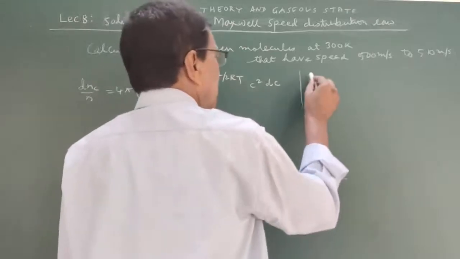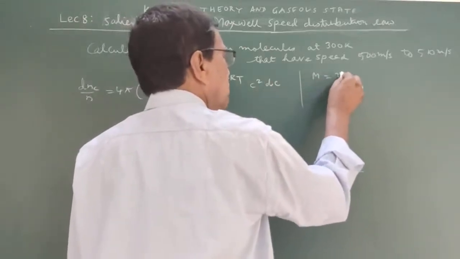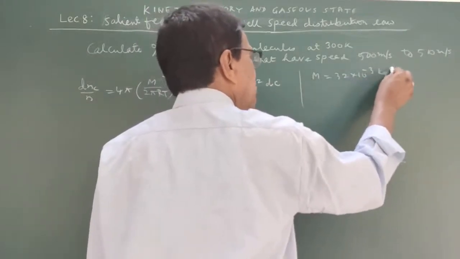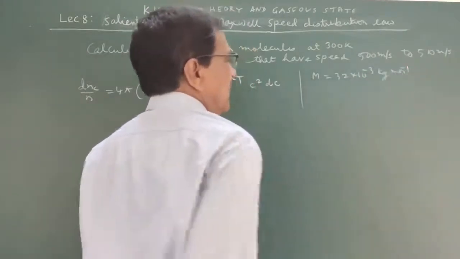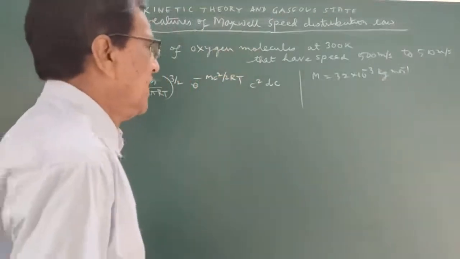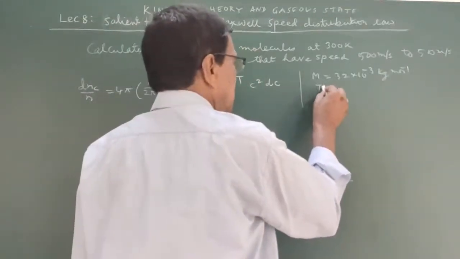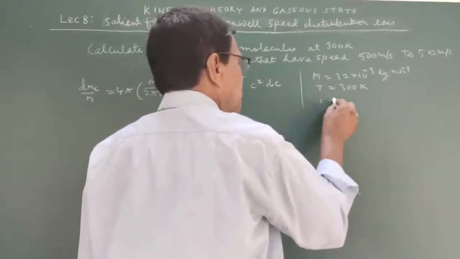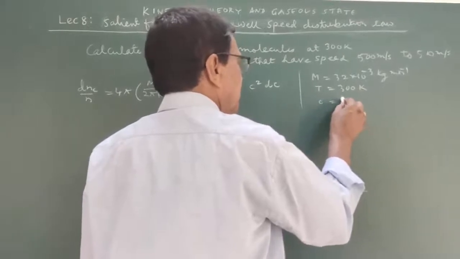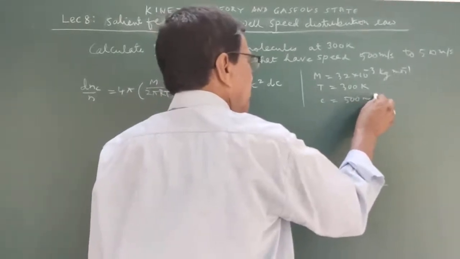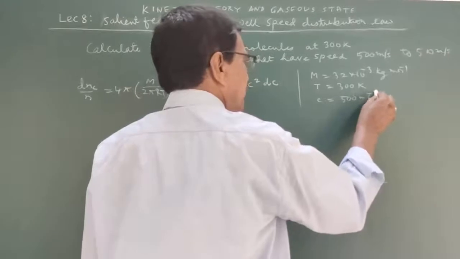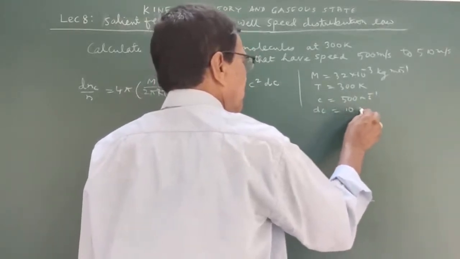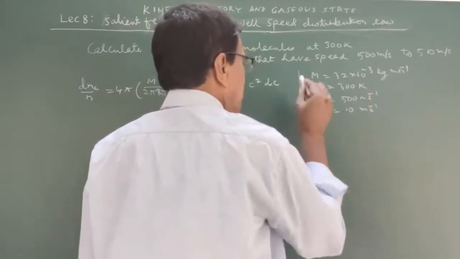We have the data: M equal to 32 into 10 to the power minus 3 kg mole inverse in SI unit, T is equal to 300 Kelvin, and c is here 500 meter second inverse, and dc equal to 10 meter second inverse.